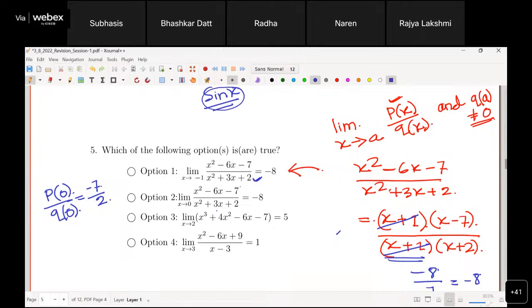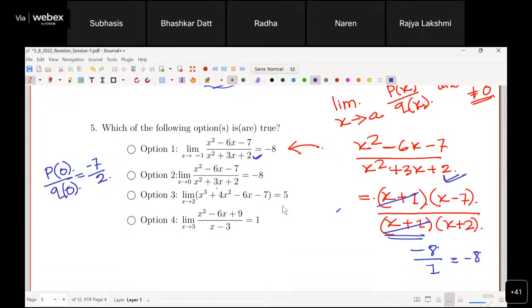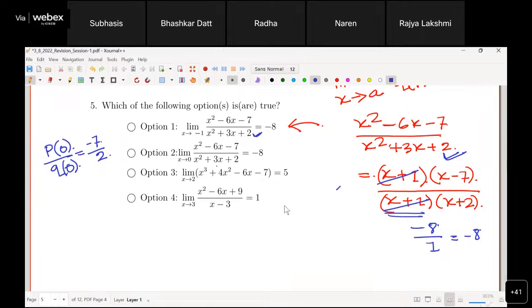In that case I need to apply L'Hospital's rule. Even here you can apply L'Hospital's rule, so it is much more general. But this trick, whatever I'm doing now, you can't do for all functions. You can apply it only for, let's say, polynomials. Okay, sir, thank you. And similarly, for option 3 you can do the same thing, right?